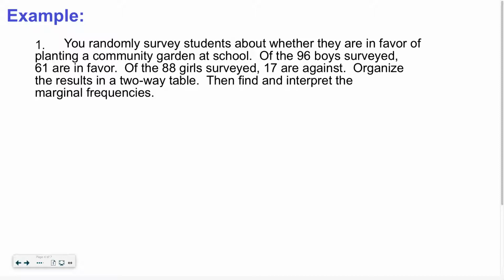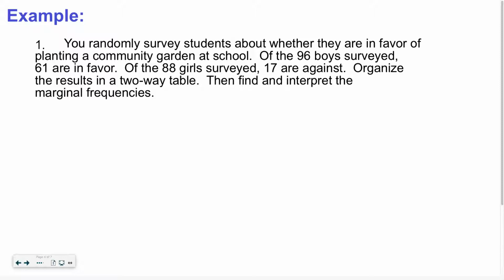Now, remember in the two-way table, what's included in a two-way table? Rows and columns. What's important information in a two-way table?